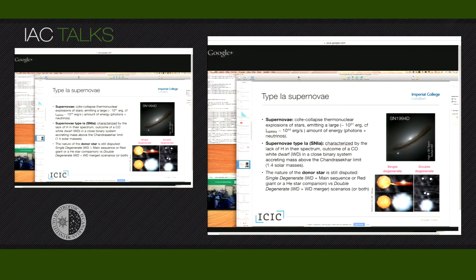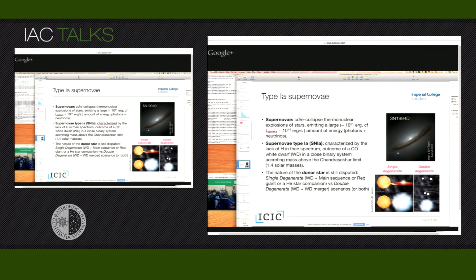And so when that happens, the energy that was being emitted by the fusion process, counteracting and balancing gravitational collapse, is no longer available, and that triggers a core collapse of the supernova, which essentially is a thermonuclear explosion that emits a very large amount of energy, of the order of 10 to the 51 ergs.